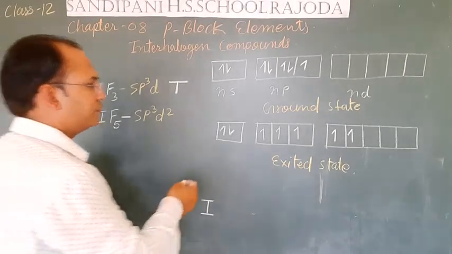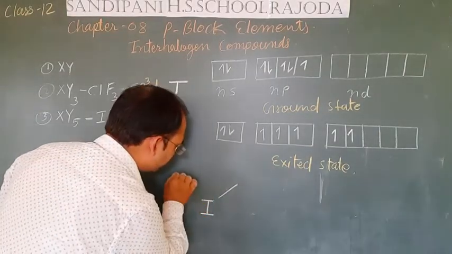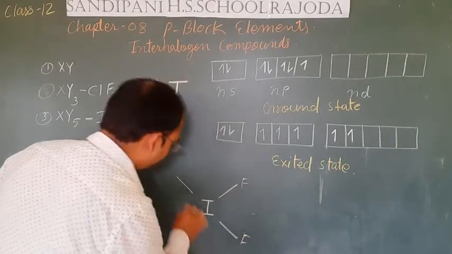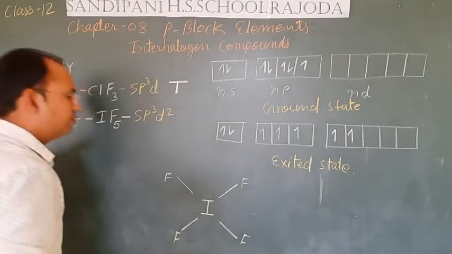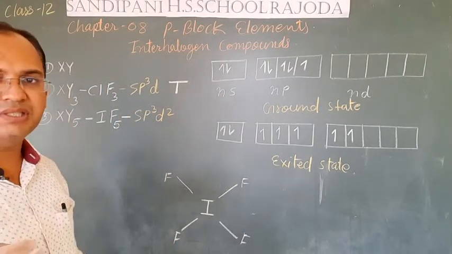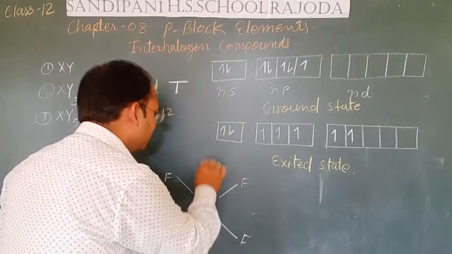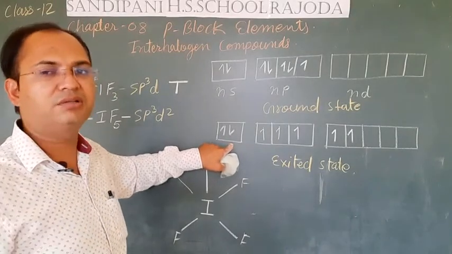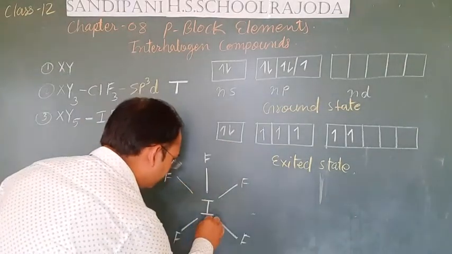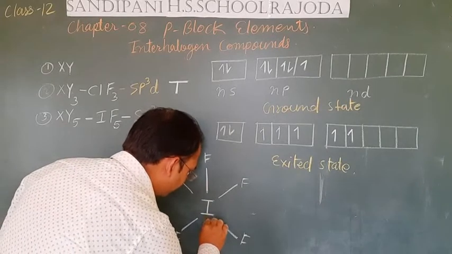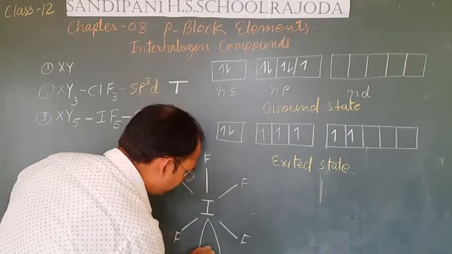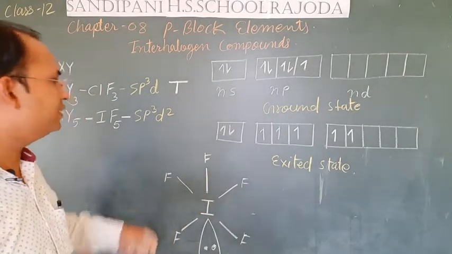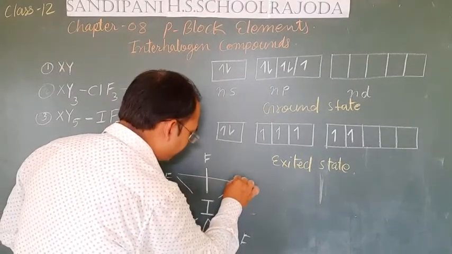Just like in this position, the 4 fluorines are connected at equal distances, fluorine, fluorine, fluorine, fluorine, and one more fluorine is present at the axial position, along with the presence of this one lone pair, which is not taking part in the bond formation. So this lone pair is present here having the electrons.